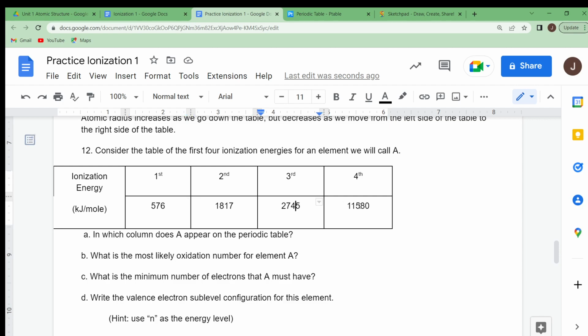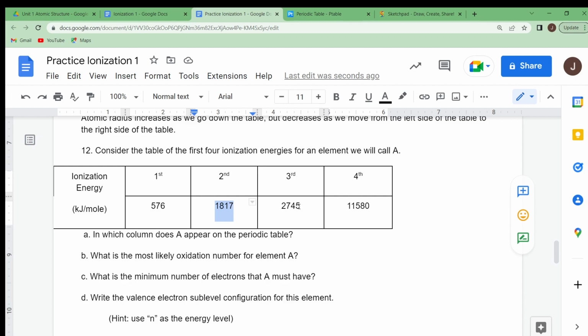So this is going to be a case where we have to see when our ionization energy increases the most. Okay, so we'll look at 1, and 1 increases is 576, so that's about 575. The second one is 1817, so it looks like it increases by about 1500.